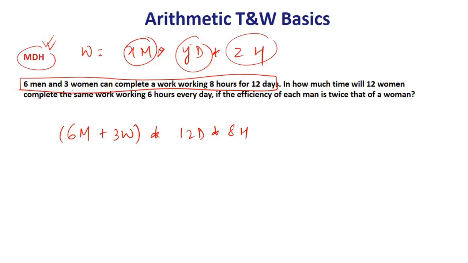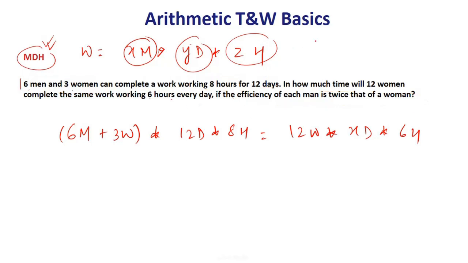In how much time will 12 women complete the same work, working 6 hours every day? So let's say X number of days into 6 hours every day, given that the efficiency of each man is twice that of a woman. So let's talk about efficiency.